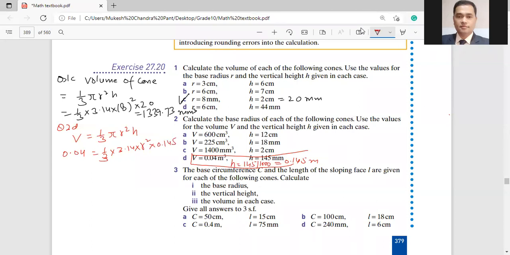So how can you solve? You substitute these numbers here: 0.04 times 3 over 3.14 times 0.145. This is the value of r square. So first of all, we find the value of r square.